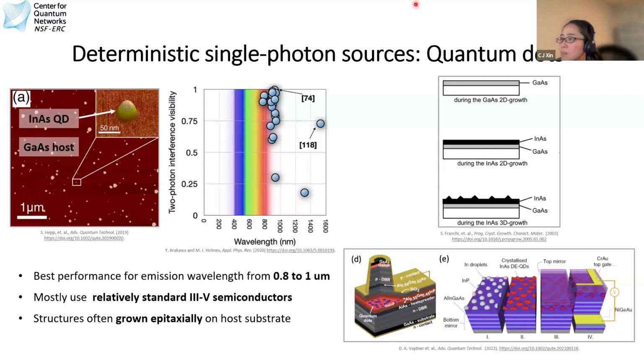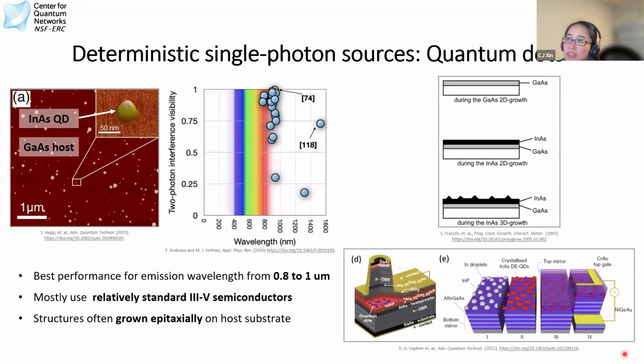And what that means is that during your growth, instead of relying on 3D self-assembly to grow these little islands, what you do is you first let droplets form on the surface, and then you anneal it, and then they crystallize, and usually they have better shapes and you can make them bigger.